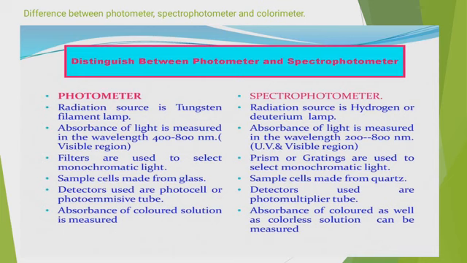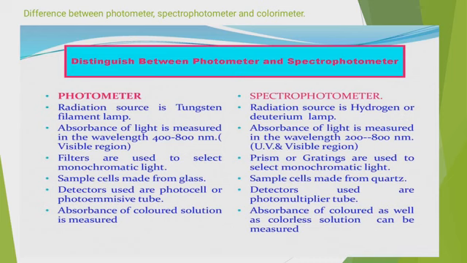All these instruments are used for the measurement of absorbance, which is a function of the transmittance. But the ranges of absorption are different, and there are many small changes in the instrumental parts.